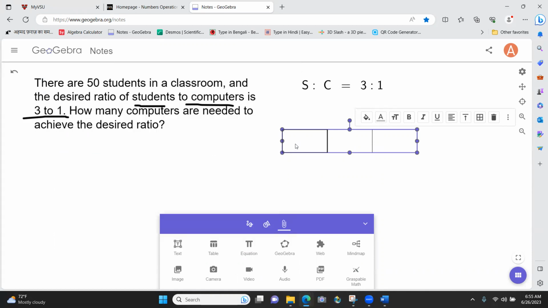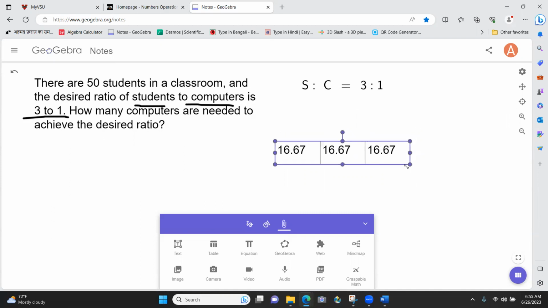I'm going to explain why. Basically, if you divide your class into three equal parts, each part is going to be 16.67.